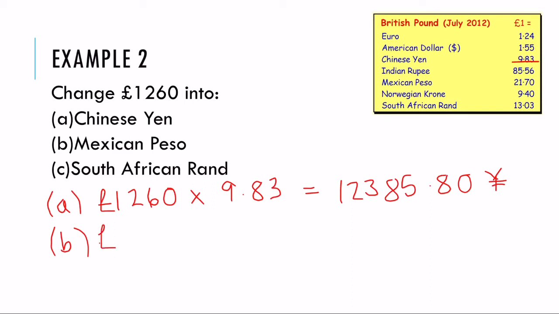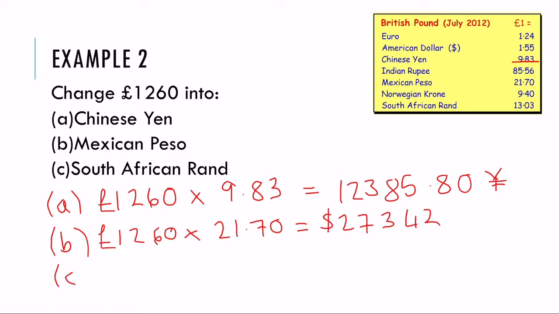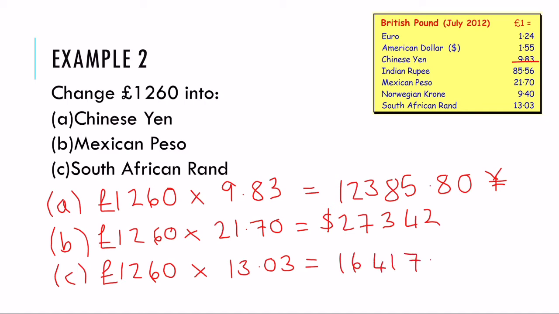So I take £1,260 and multiply it by 21.70, and that gives me 27,342. And for the Mexican peso, the symbol is the same as the dollar. For C, it's South African rand we're changing to. So I take my £1,260 and I multiply by 13.03, which gives me 16,417.80 South African rand.